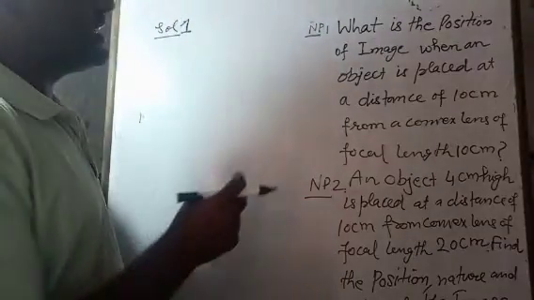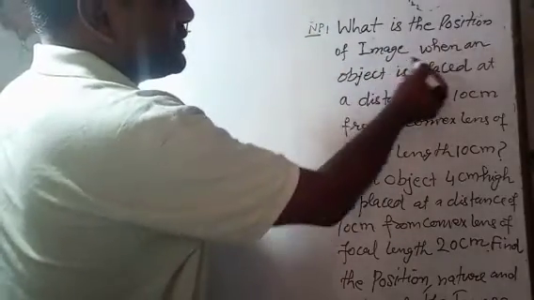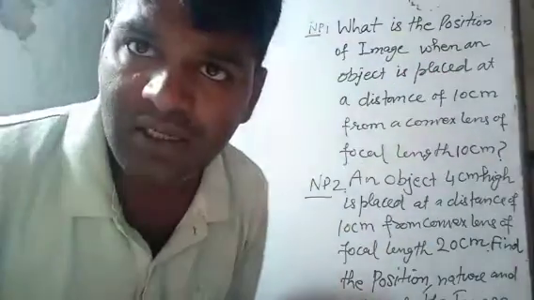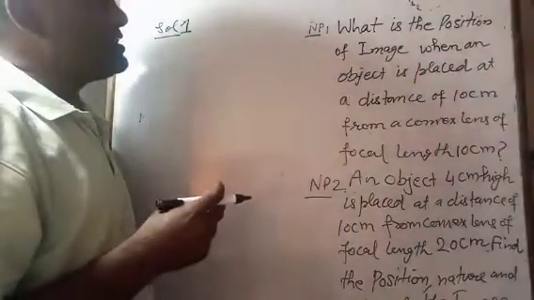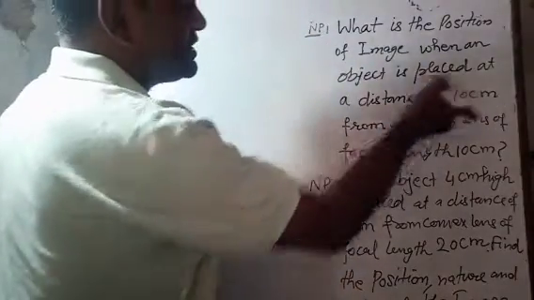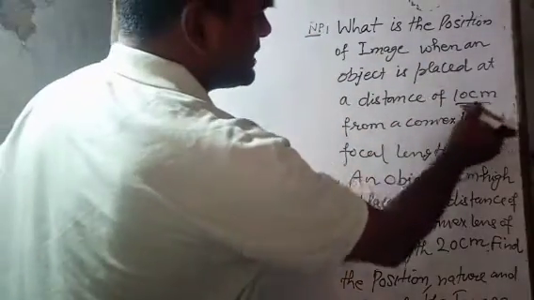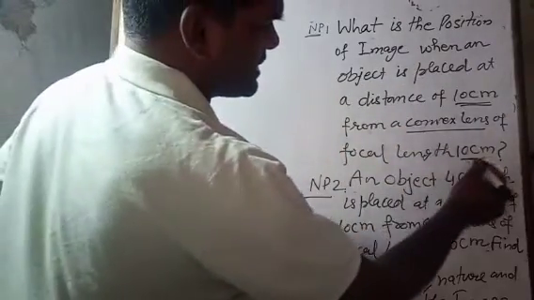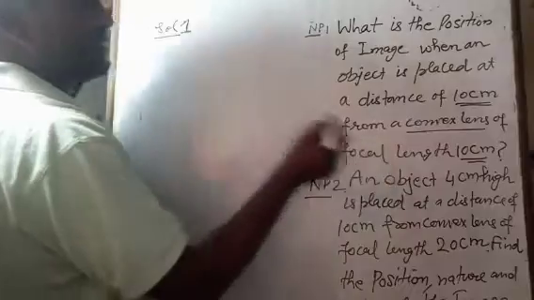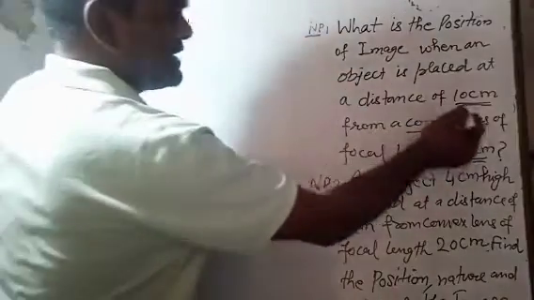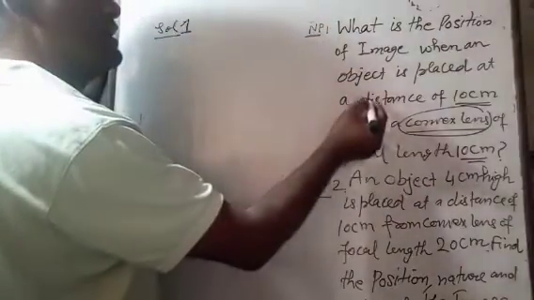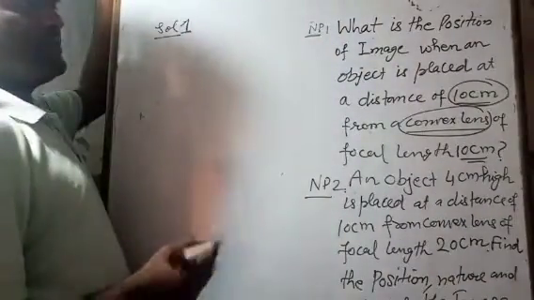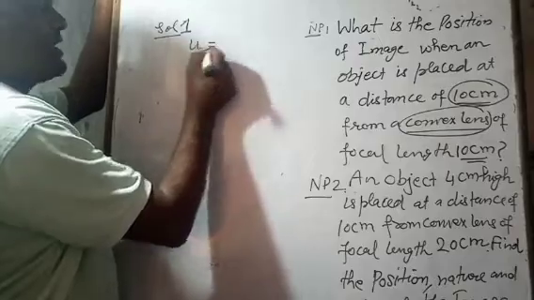So the first numerical is, what is the position of the image when an object is placed at a distance of 10 cm from a convex lens of focal length 10 centimeter? So please remember, the lens given is a convex lens, and the object is placed at a distance of 10 centimeter. That means u is given, so write down the given values.